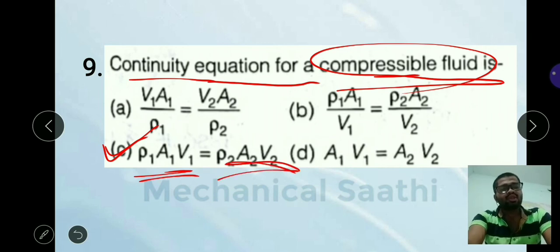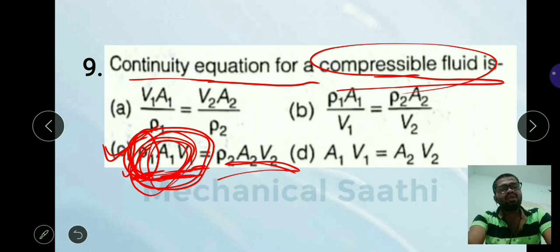In the case of a compressible fluid, your density will change from state to state, so multiplication of the density at that point, the cross-sectional area, and the velocity, rho A v, will be equal to a constant. So option C will be correct here.